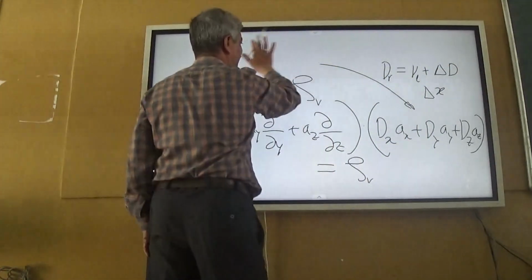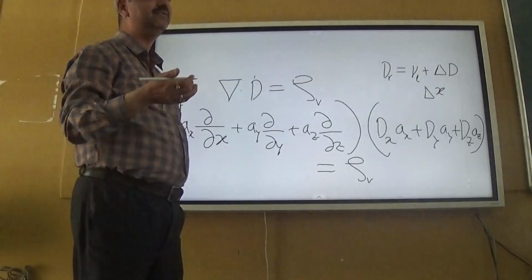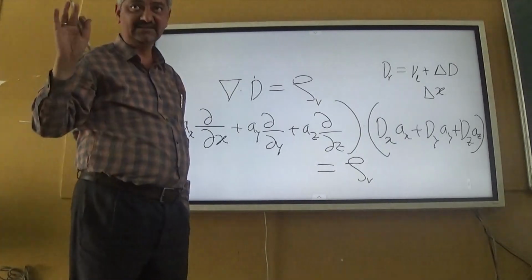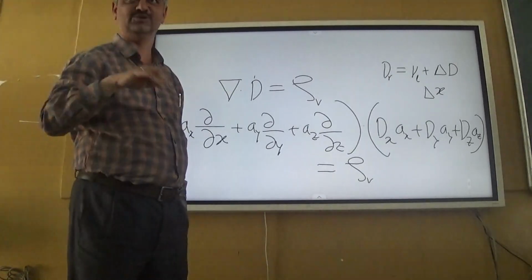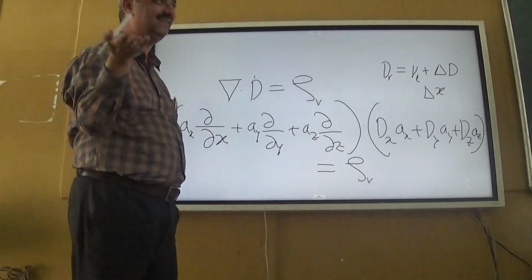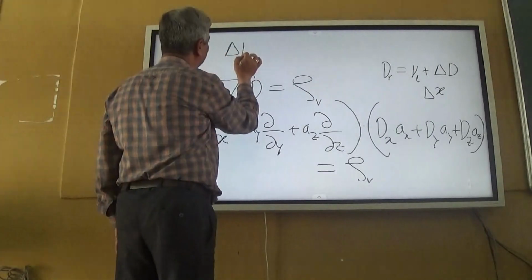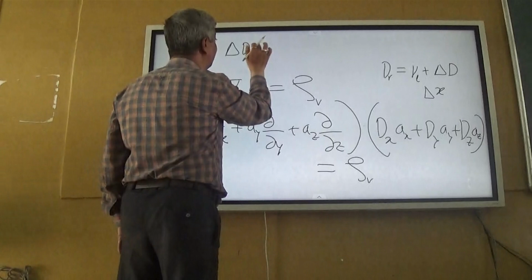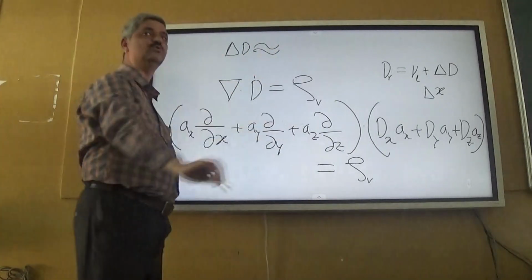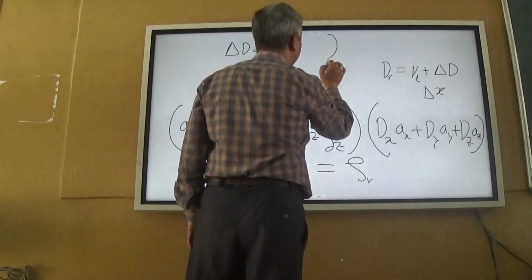I don't know whether it's meaningful. If it is not meaningful, then the further question is redundant. If it is meaningful, is it useful? If both answers are yes, then there is some purpose served. So delta D, I can say, is approximately equal to, what can you write?